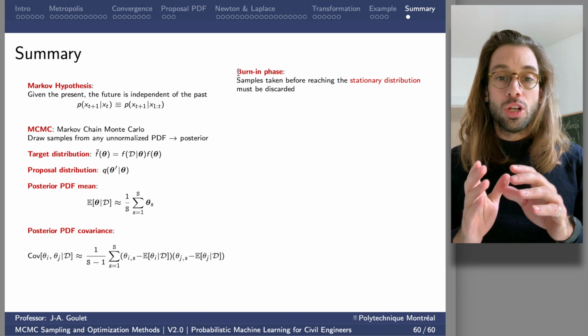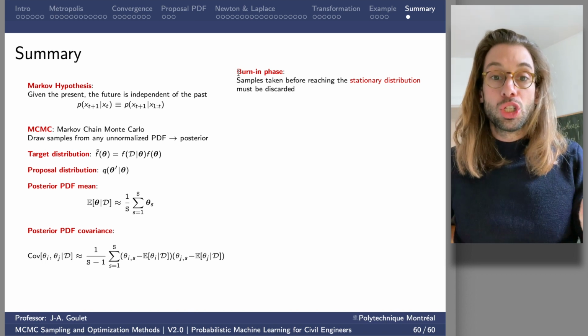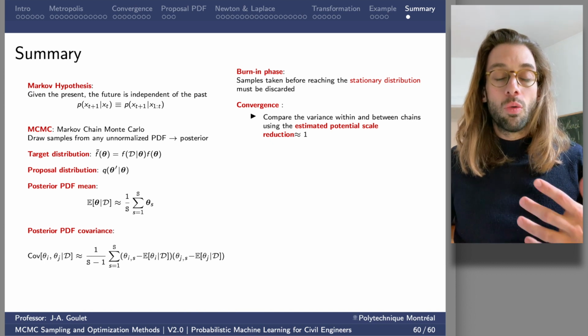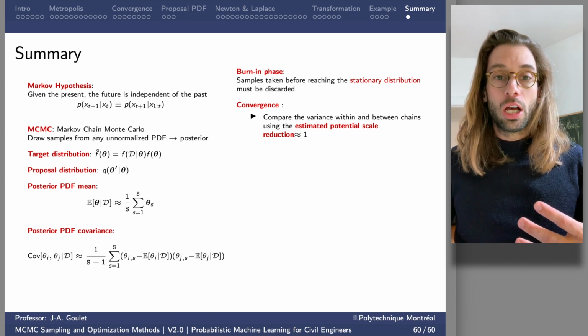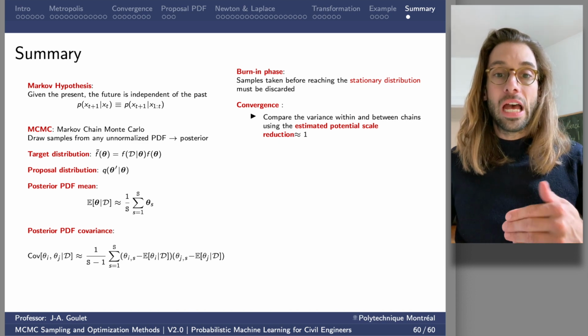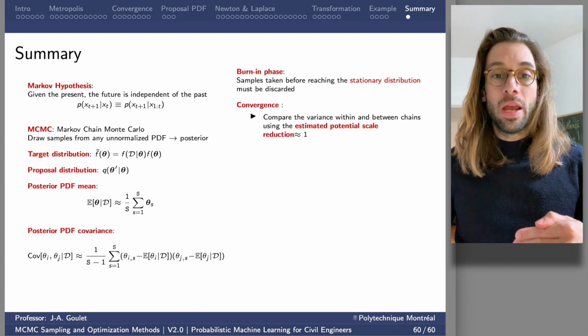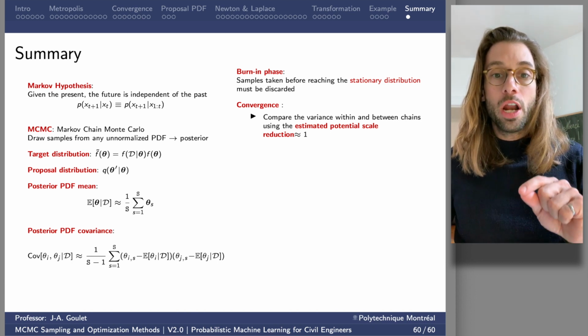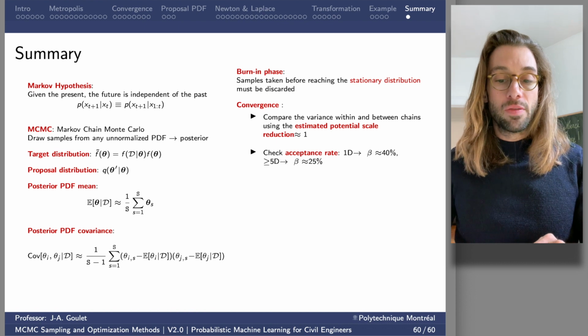To be sure that you're not going to have influence from the starting location in your chain. Then if you want to monitor the convergence, to see if you have taken enough samples, you can measure that using the EPSR, estimated potential scale reduction, okay? And if this tends to 1, you know that you've taken enough samples.